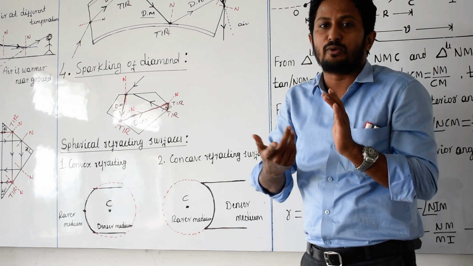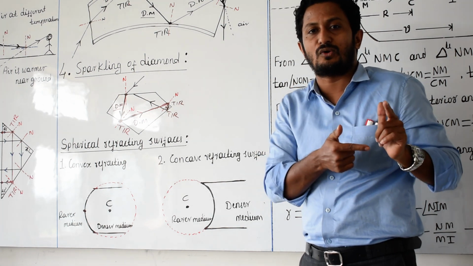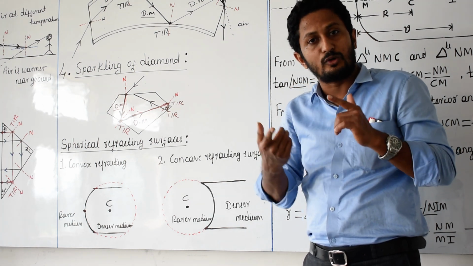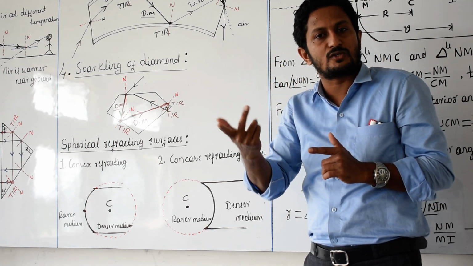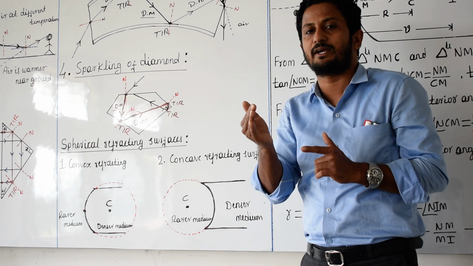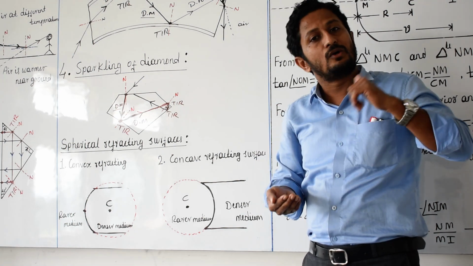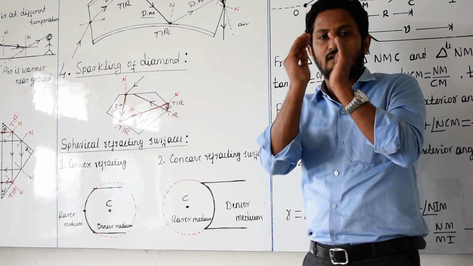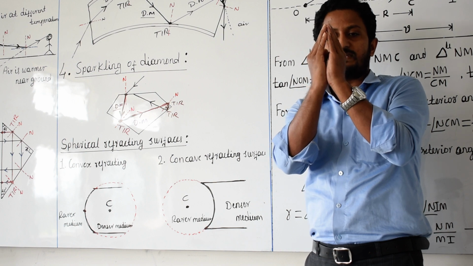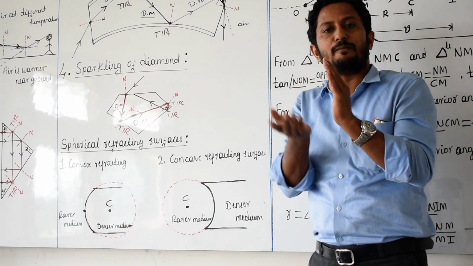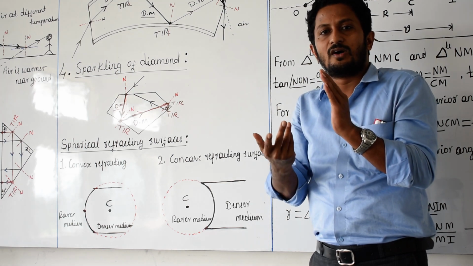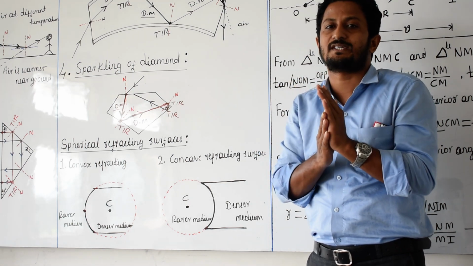You will understand this especially in the section called lens. There you will get two types of lenses. A lens is also an optical medium. There you will get a convex lens and a concave lens. A lens is an optical medium bounded by two surfaces of which at least one should be spherical.